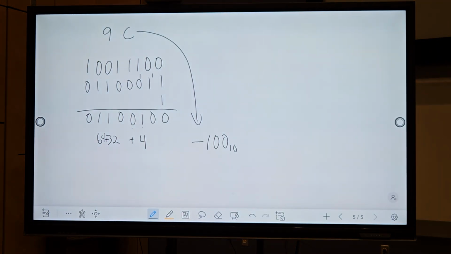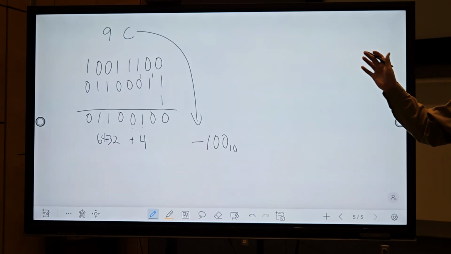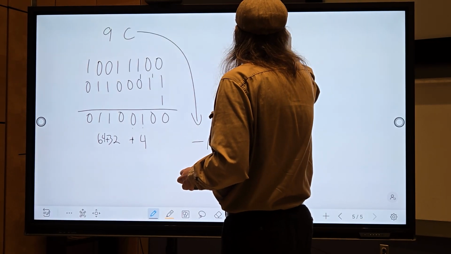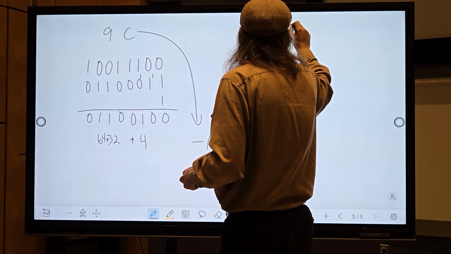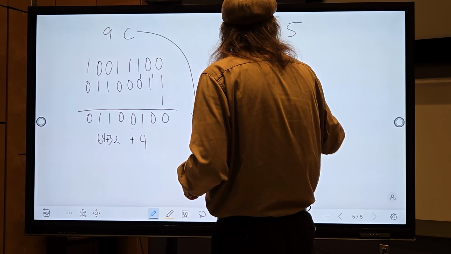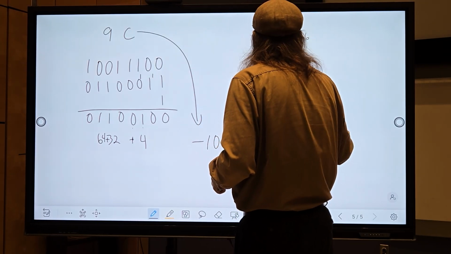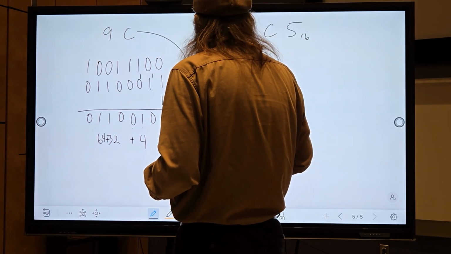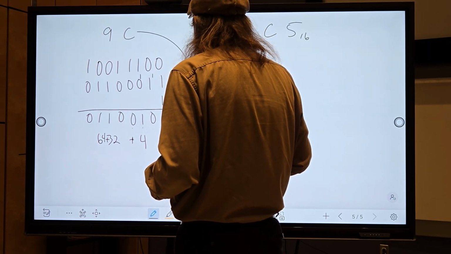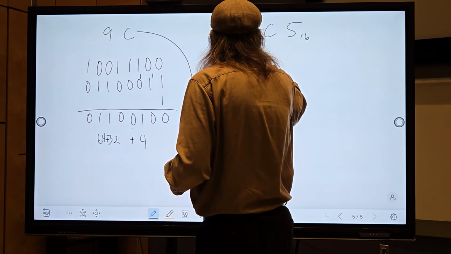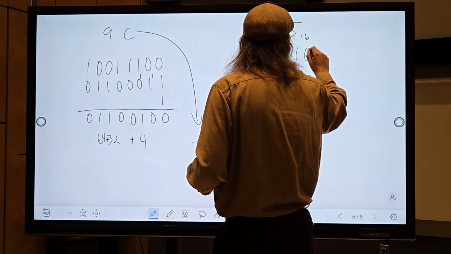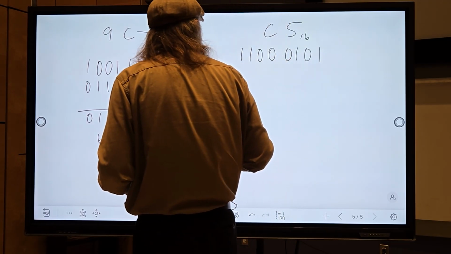One more example, okay, of going from hexadecimal to, let's say, C5 hexadecimal will be what, 1100 and 0101 in binary.